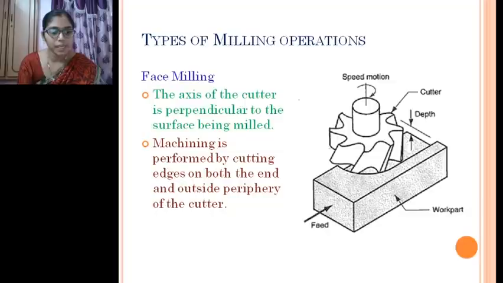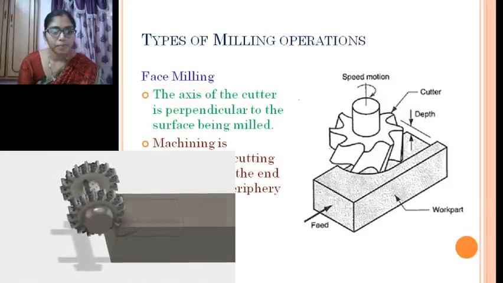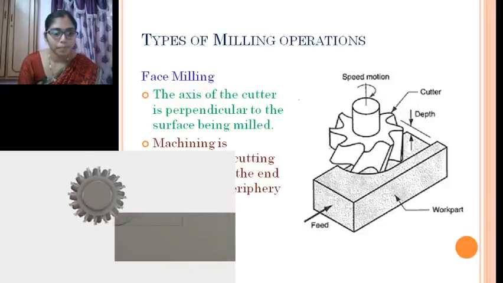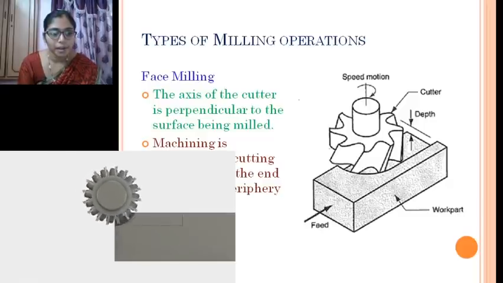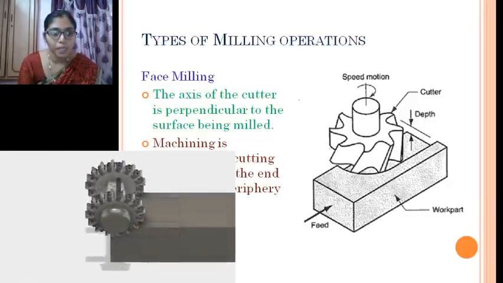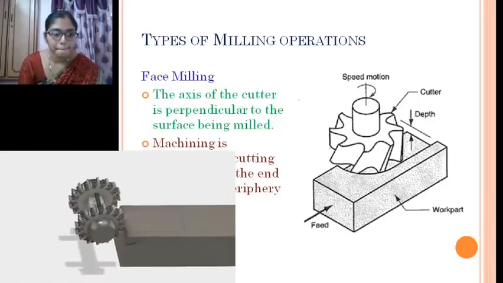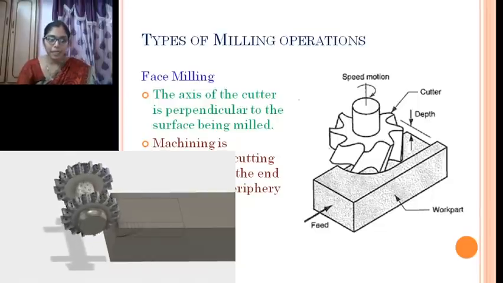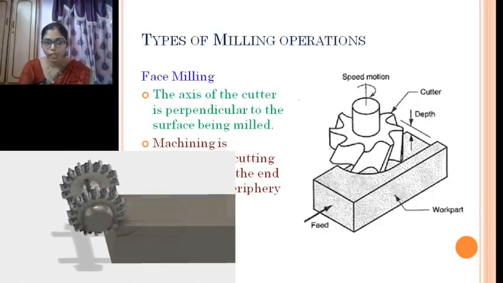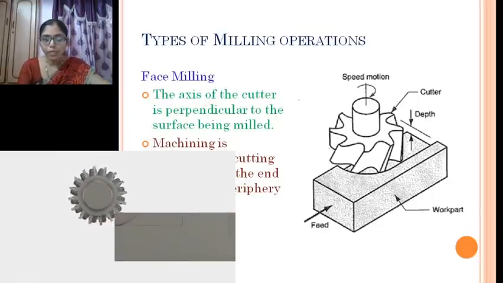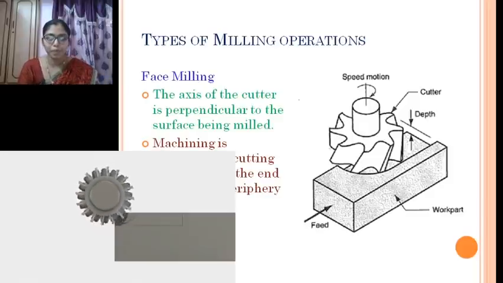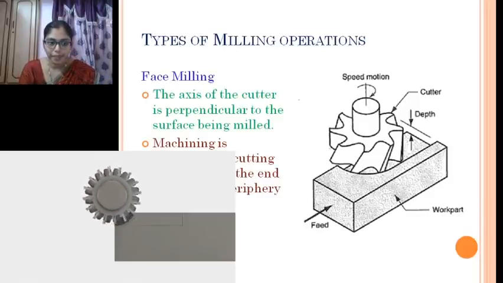We'll see it once again. Where you can see this is a down milling operation. It's a type of straddle milling operation where you can see two cutters are present at the edges. They are performing the operation at the edges.